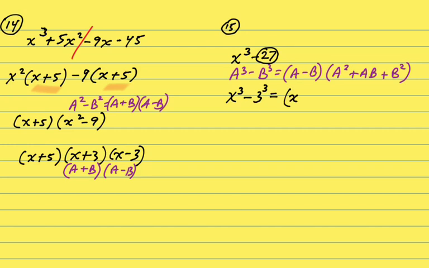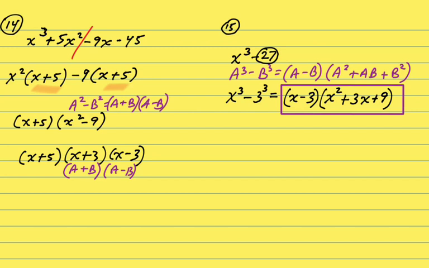So the a is an x and the b is a 3. If the a is an x and I need a squared, I square it. If a is x and b is 3 and I need a times b, what's x times 3? Well, we call it 3x. And if b is 3, b squared would be 9. And that's your factorization on problem 15.